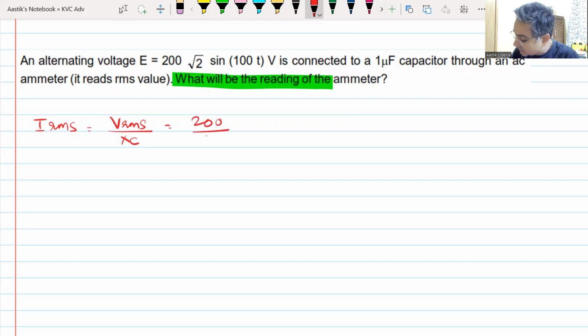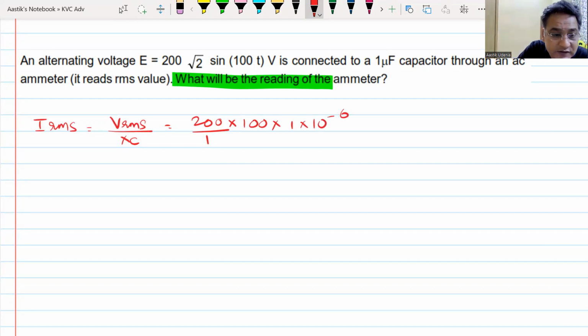XC is 1 by omega C, so it will be 1 by omega, omega is 100, yes or no? Yes, sir. Multiplied by capacitance, which is 1 into 10 raised to the power minus 6. And that is your answer for this particular question. Do we understand this, everyone? Yes. Anyone having any doubt on this? No, sir.